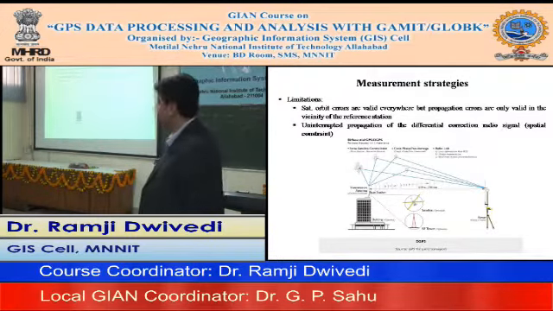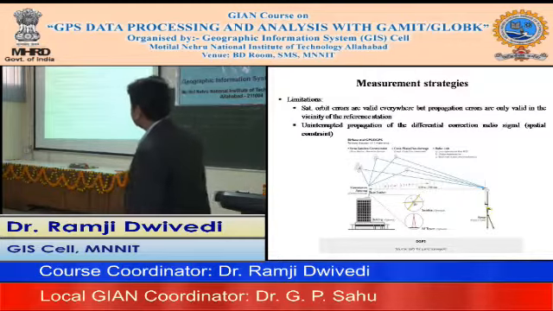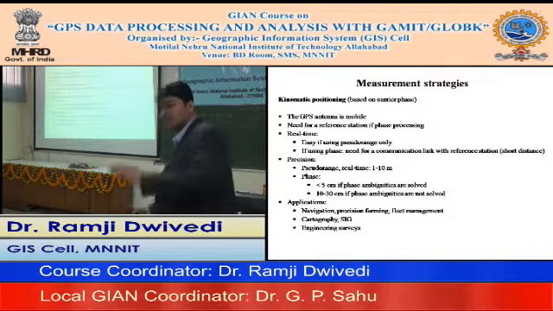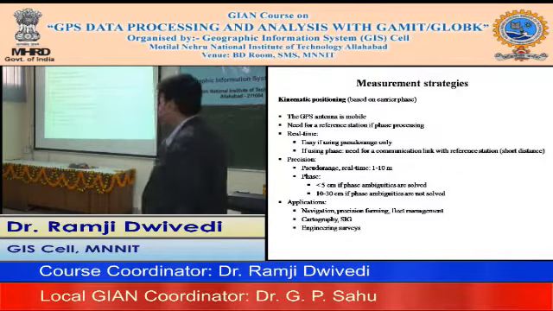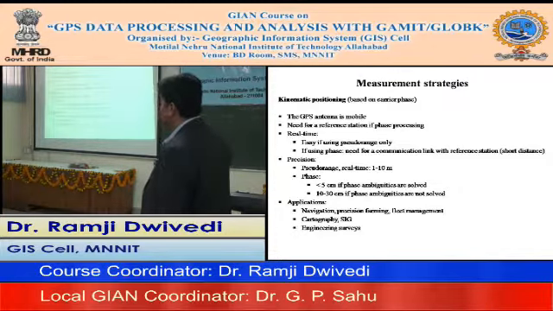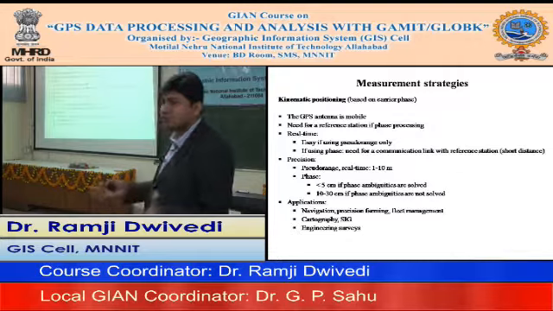Okay, so if you are doing kinematic positioning, the GPS antenna is mobile, and there is a need for a reference station so that you get the corrections every time. So real time is also possible. Obviously the static mode is the most precise mode.